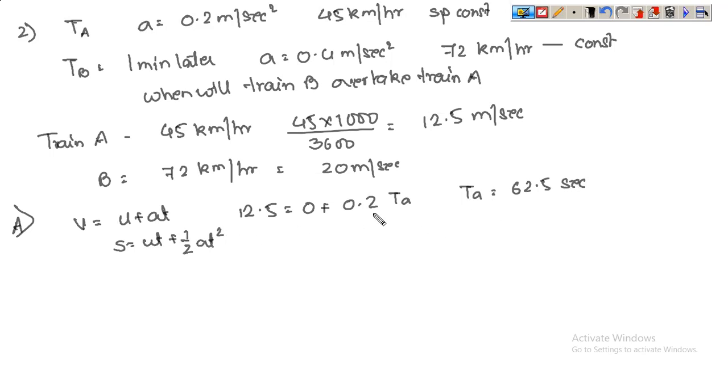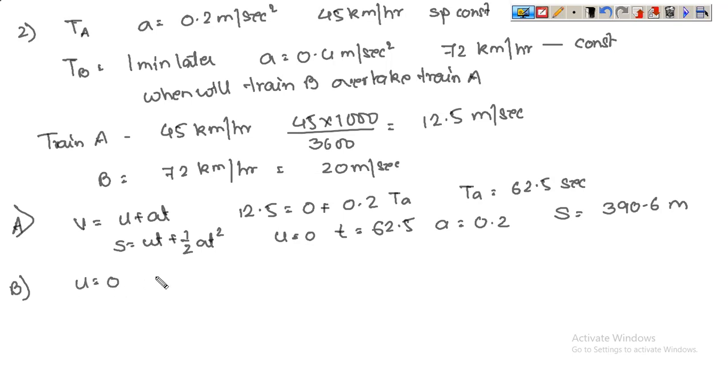You know the value of t, this is 62.5 seconds. u is 0, t is equal to 62.5, a is 0.2. So you get s is equal to 390.6 meters.